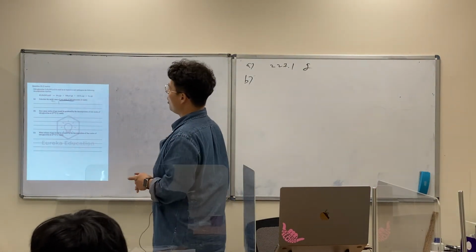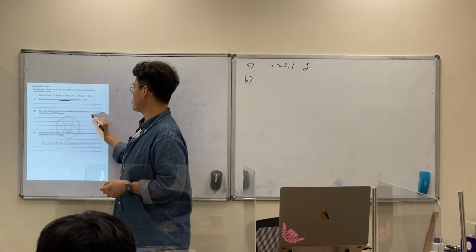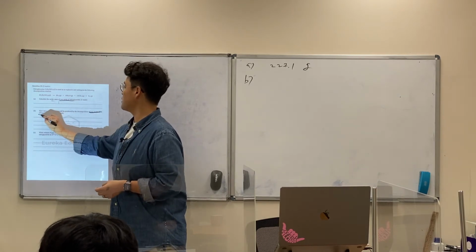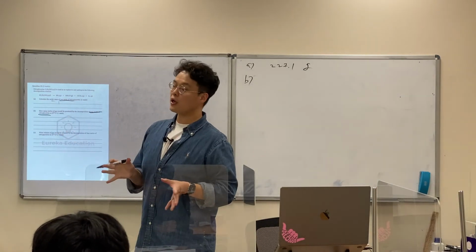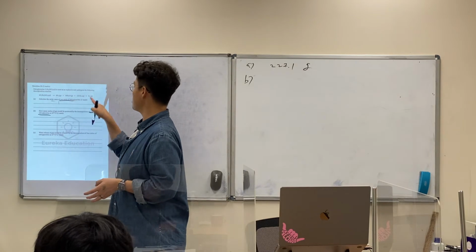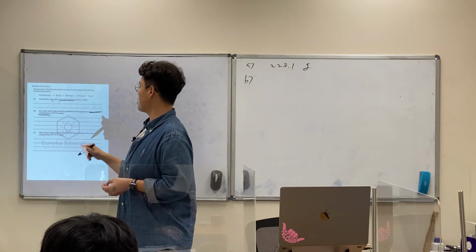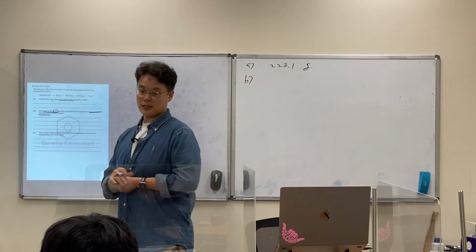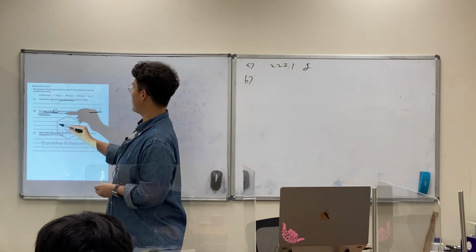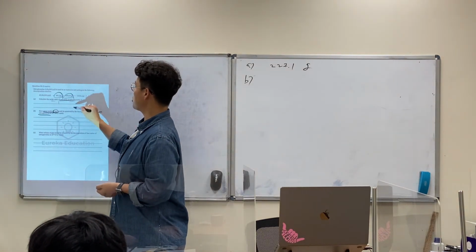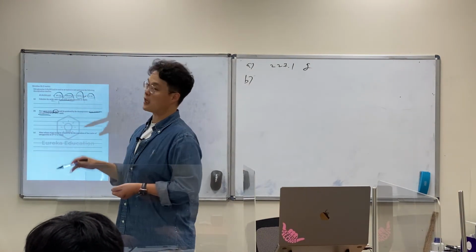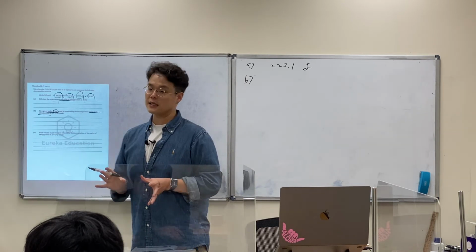All right, how many moles of the gas would be produced by decomposing 2 moles of the nitroglycerin? So, the molar ratio of this is 4 to 6 to 10 to 12 to 0. Question's asking you about moles of gas. Means that, well, how much gas do we have? N2 is gas, H2 is gas, CO2 is gas, O2 is gas. So we need to consider all the gases.